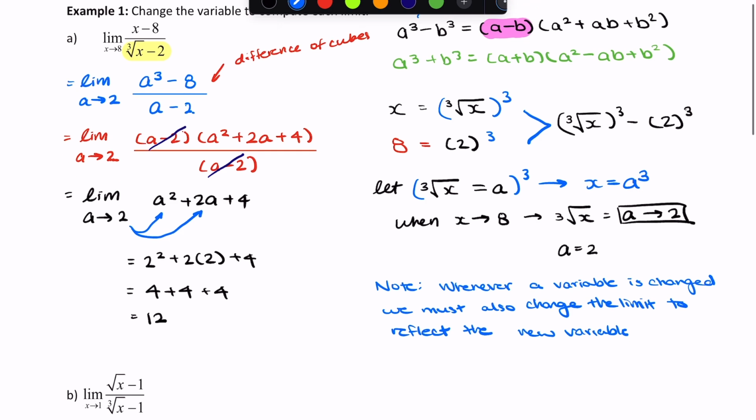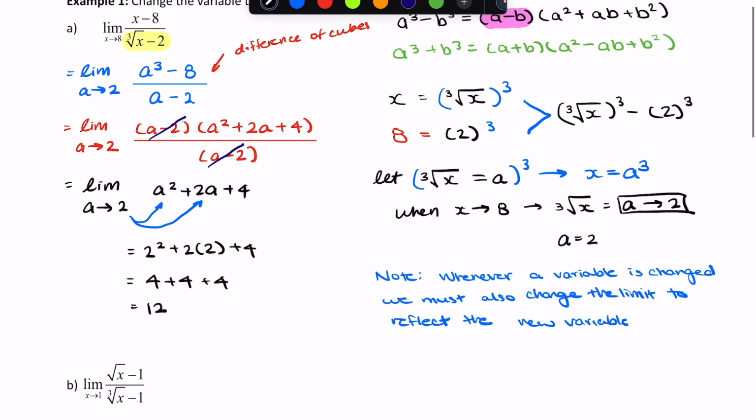In this situation, we subbed in a for x, so it initially started as the limit as x approaches 8, and then we changed it to become the limit as a approaches 2.